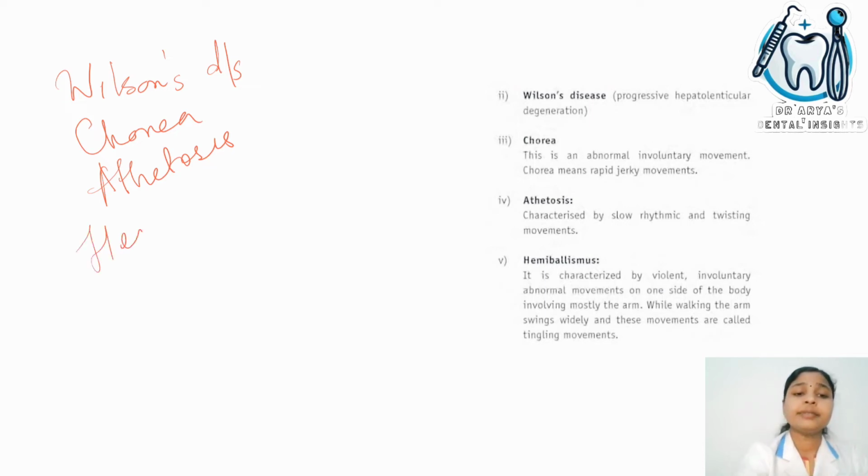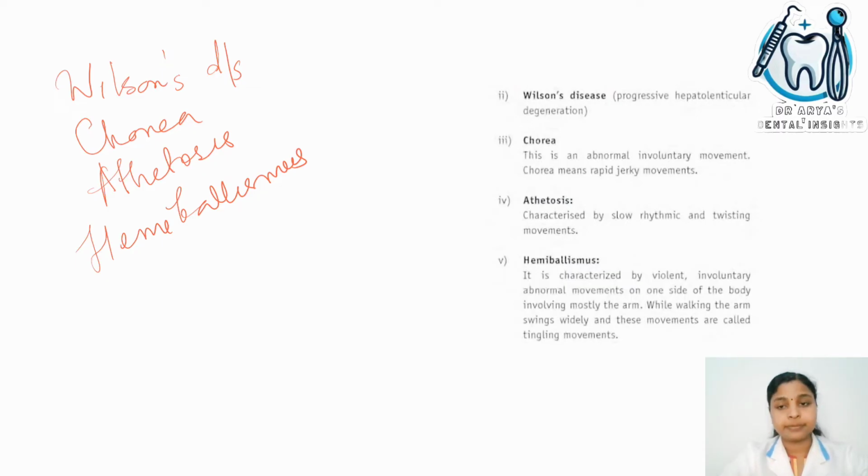And finally, hemibalismus. It is characterized by violent, involuntary, abnormal movements on one side of the body involving mostly the arm. While walking, the arm swings widely, and these movements are called tingling movements. So, these are the various movements. First one is Wilson's disease.